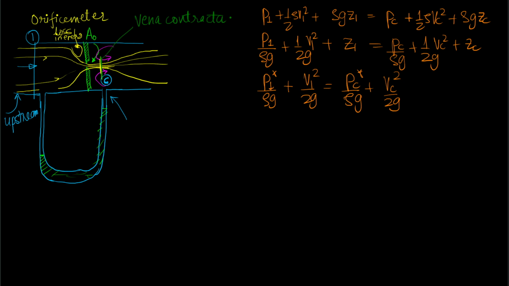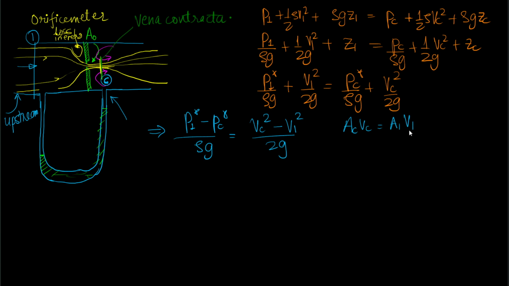We can write down P1 star minus PC star upon rho g is equal to VC square minus V1 square upon 2g, and we can relate VC with V1 through the conservation of mass as AC VC is equal to A1 V1.